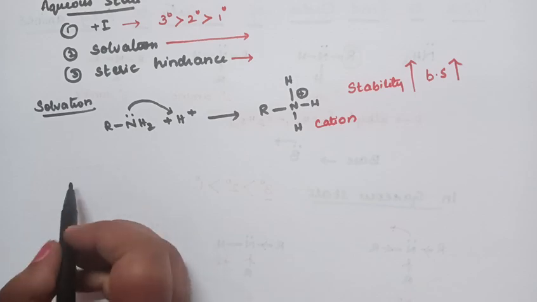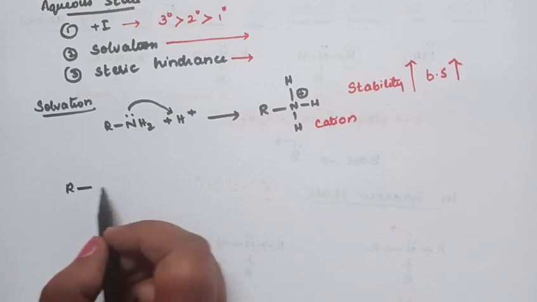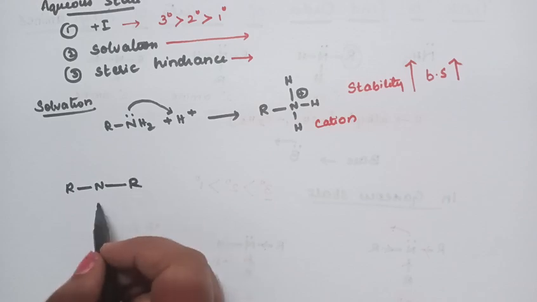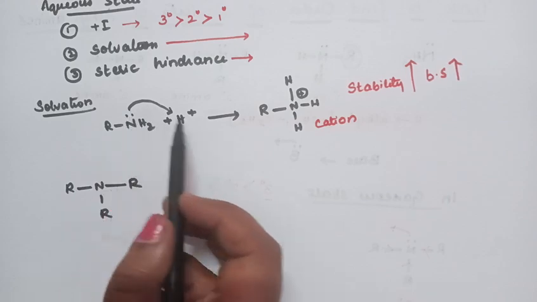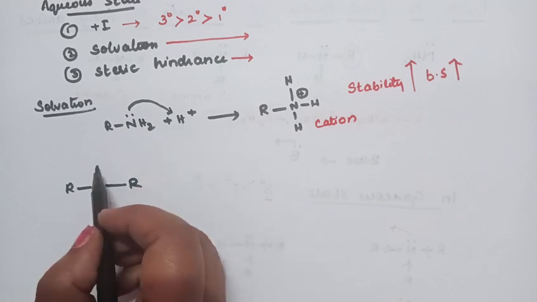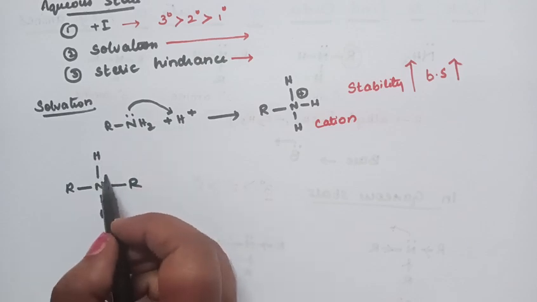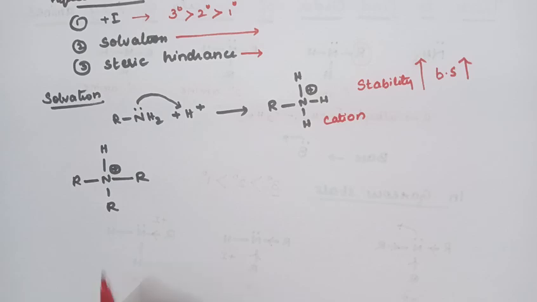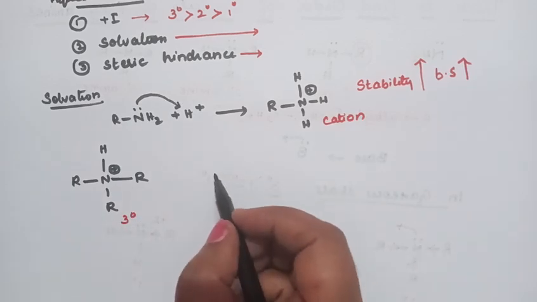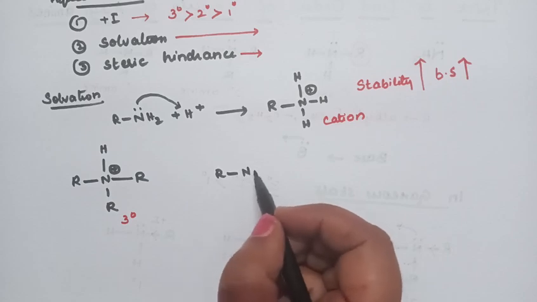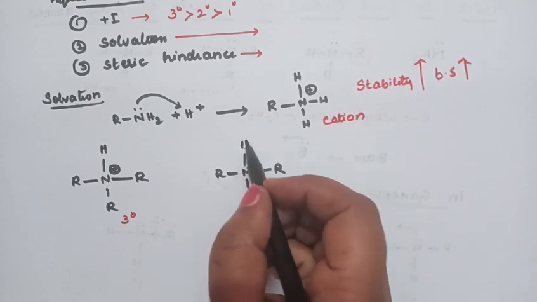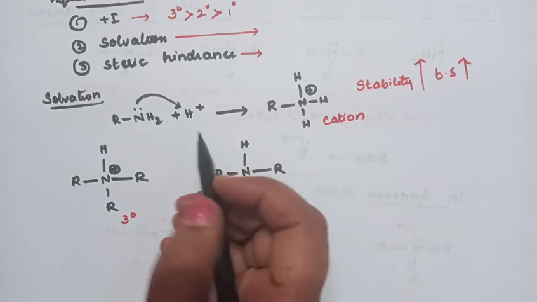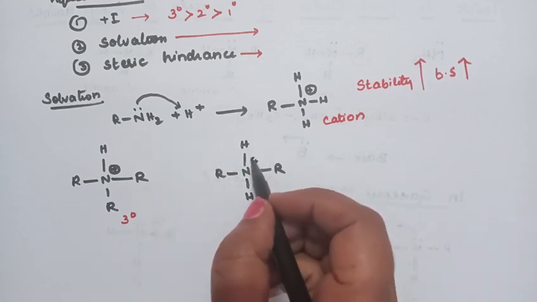Tertiary amine we will take R, N, R and R. Nitrogen, after donating this lone pair of electrons to hydrogen, forms a bond with hydrogen and gets a positive sign. So this is tertiary amine. We'll write secondary. Nitrogen, R, hydrogen and then one more hydrogen, that is, it attracts this hydrogen and gets a positive sign.